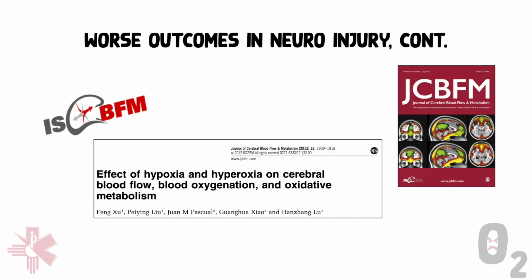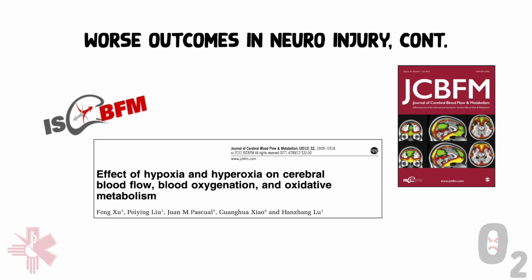One other paper to mention is this one from the Journal of Cerebral Blood Flow and Metabolism. So arguably the people who ought to know the most about this subject in general. Basically they wanted to investigate this idea of cerebral blood flow and oxygen utilization in the brain based on FiO2. They used a novel technique to measure oxygen metabolism in the brain.